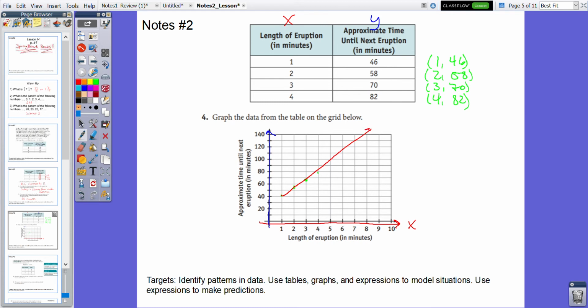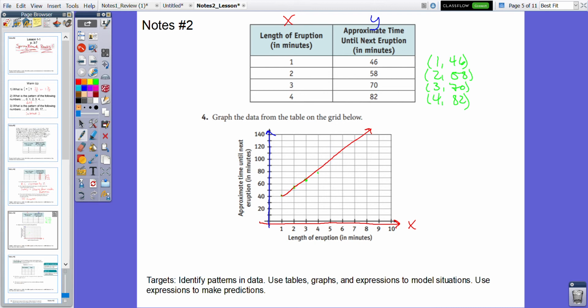Okay, not going to be perfect, but about that. So we call this a linear pattern. It's linear because we keep adding the same number for every additional minute of an eruption length. That means we have to wait an additional 12 minutes for however long that eruption is.